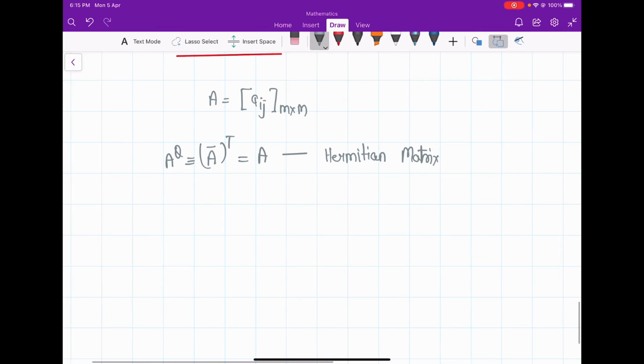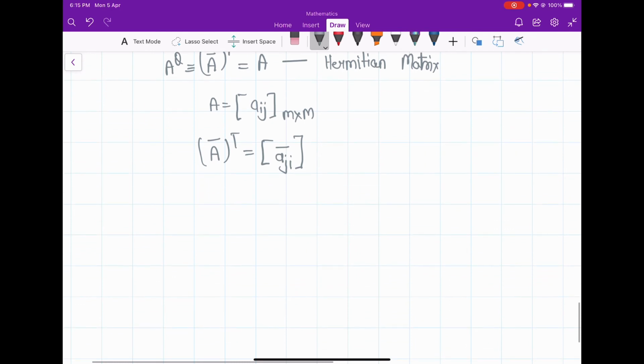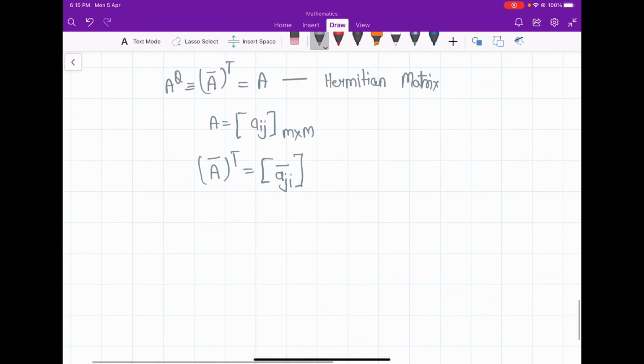Or you can say, if the element of A is Aij, then the element of the conjugate of the transpose of A will be the complex conjugate of Aji. So Aij is equal to the complex conjugate of Aji.